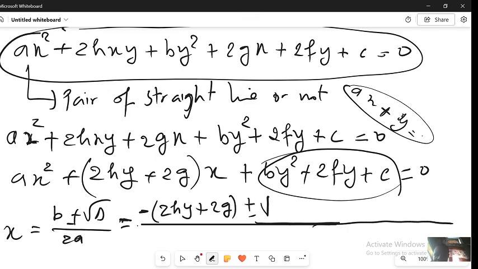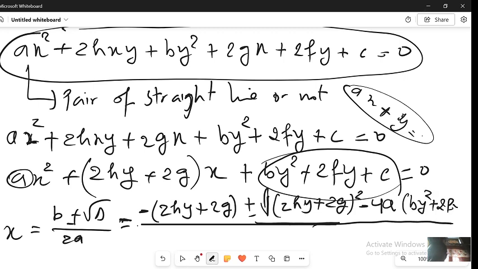We know the value of delta equals b square minus 4ac. So b square means I will have (2hy plus 2g) square minus 4ac. What is the value of c? This constant is by square plus 2fy plus c. All of this is under the square root, divided by 2a.